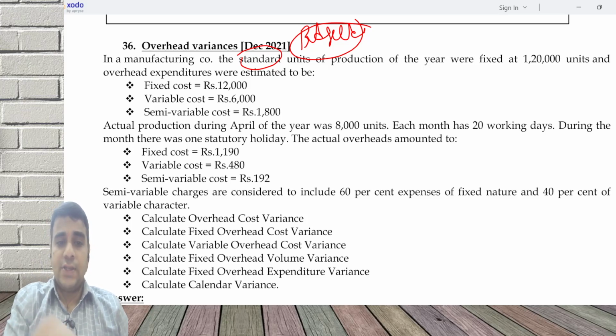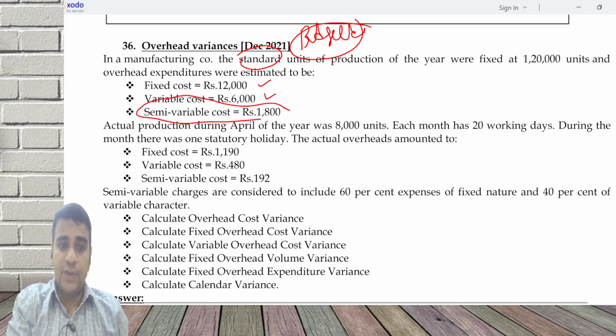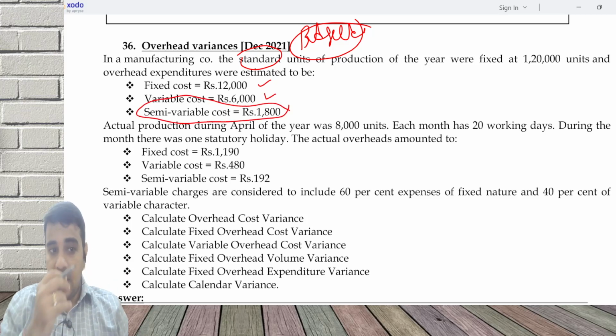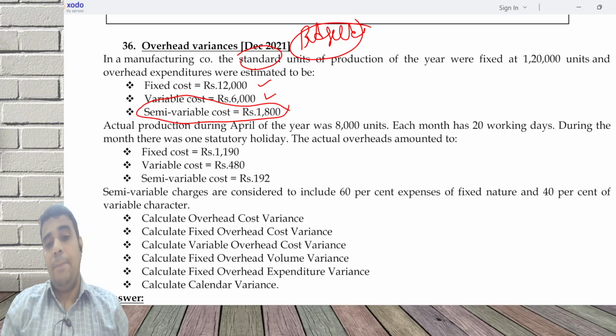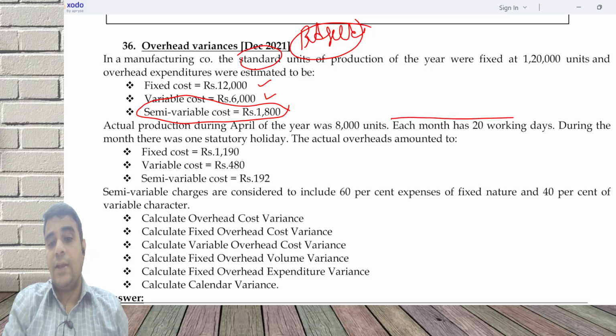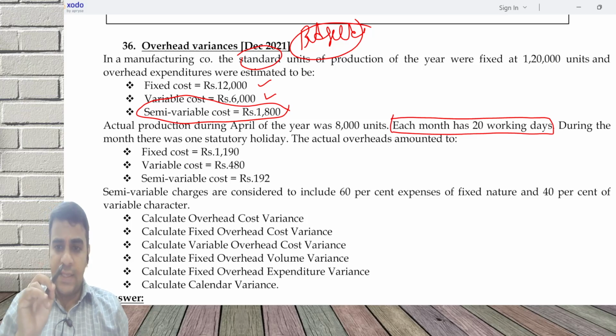Overhead expenditure is 12,000, 6,000, and I have this new headache which is a semi variable cost. Actual production during April is 8,000, that is AO. Each month has 20 working days. Budgeted days is 20. During the month, there was one statutory holiday. So, budgeted days is 20, actual days is 19, one day holiday.